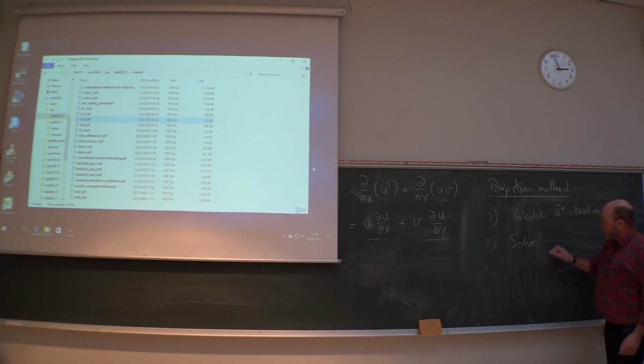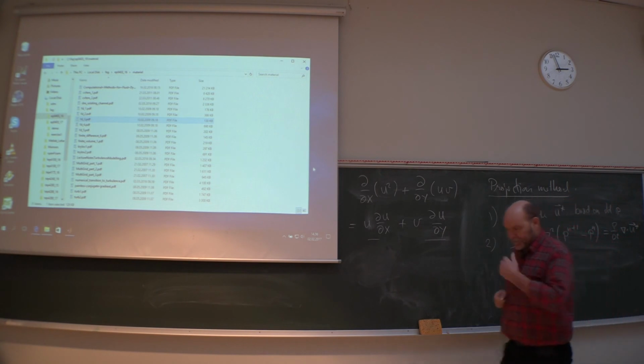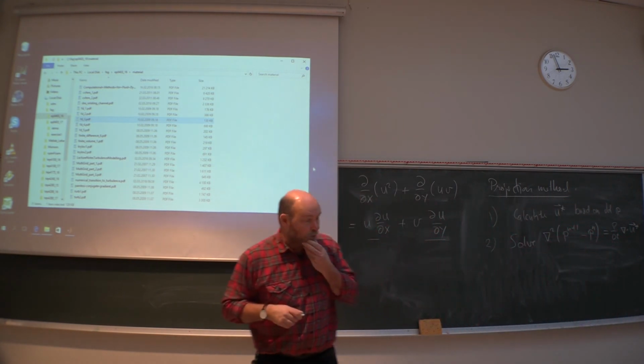Then we needed to solve our Poisson equation. The difference here between the new and the old pressure was equal to, what was it, rho over delta T, or the other way around, was it? I don't remember. And then the divergence of this tentative velocity field as a source term for the Poisson equation.